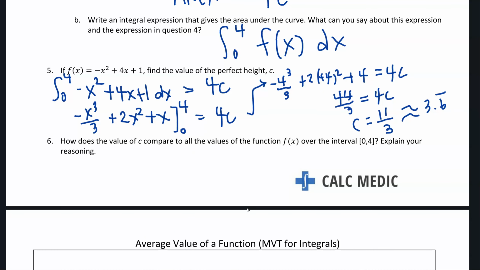So how do you think that this value of c compares to the value of the function f of x over the interval 0 to 4? It's the average. So it's the average what value?